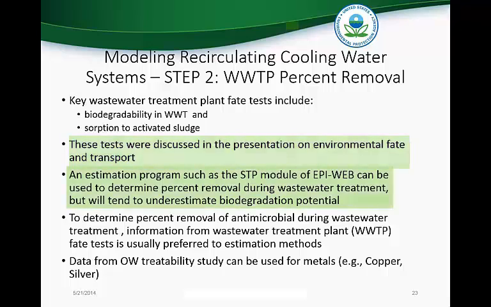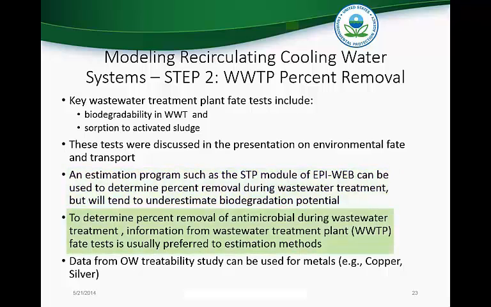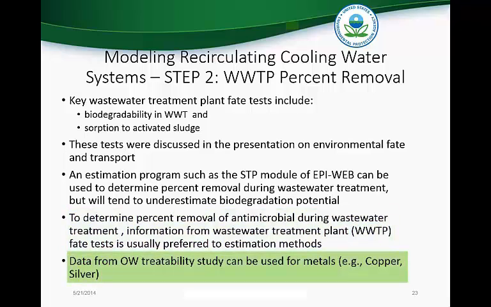An estimation program such as the STP module of EpiWeb, that is the sewage treatment plant module of EpiWeb, can be used to determine percent removal during wastewater treatment, but will tend to underestimate biodegradation potential. To determine percent removal of antimicrobial during wastewater treatment, information from wastewater treatment plant fate tests is usually preferred to estimation methods. Data from the Office of Water Treatability Study can be used for metals, for example, copper and silver.